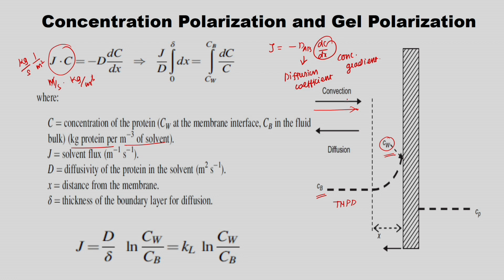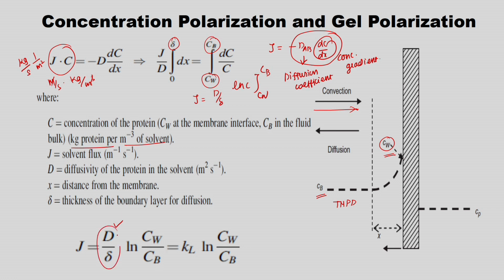On the other side, we said both are in equilibrium. The diffusion process is governed by Fick's law, minus D dC/dx. Separating variables, the flux divided by D, integrated from 0 to delta, where delta is the boundary layer for diffusion, and C from Cw to Cb, where Cw is the concentration near the membrane and Cb is the bulk concentration, dC upon C. If you integrate, you get J equal to D upon delta times ln Cw by Cb.